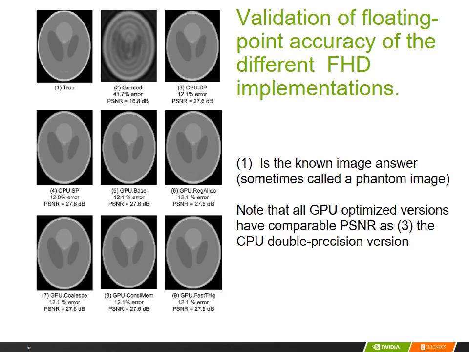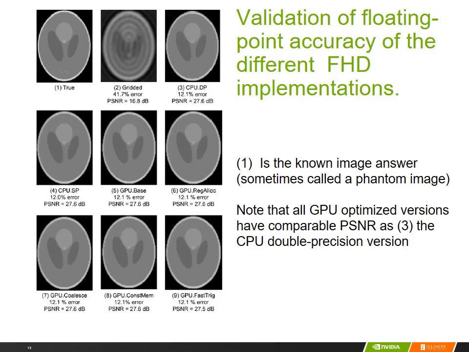We start with the gridded approach, and we see that the gridded approach produces a fairly high level of error and a fairly low level of signal to noise ratio, 16.8.